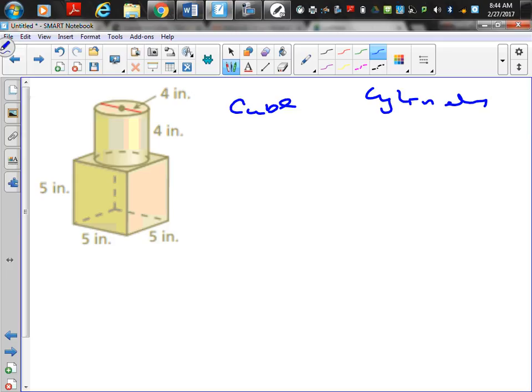Now, we have a cube and a cylinder. We have to find the volume of the individual pieces, add them together. So the cube, length times width times height. So cube is length times width times height. Cylinder?